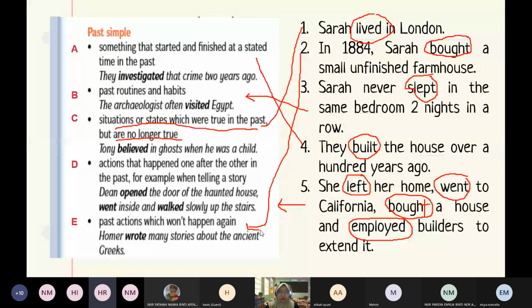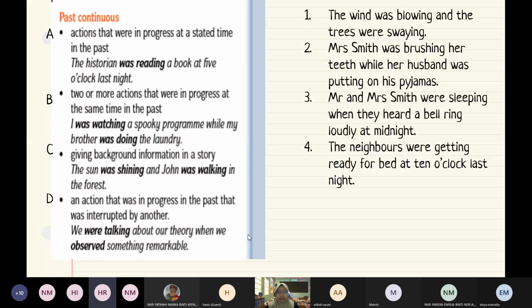Okay, so now I'm going to explain more about past continuous tense. Okay, this is past continuous tense. Why do you use past continuous tense? Firstly, to show actions that were in progress at a stated time in the past.